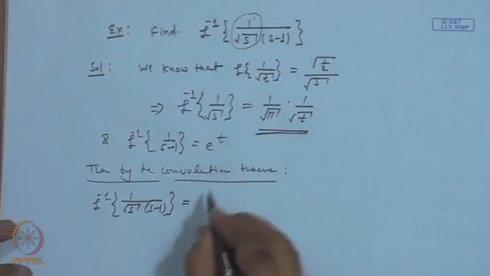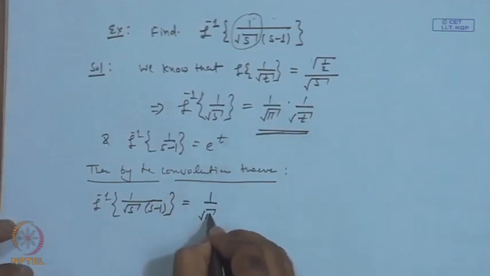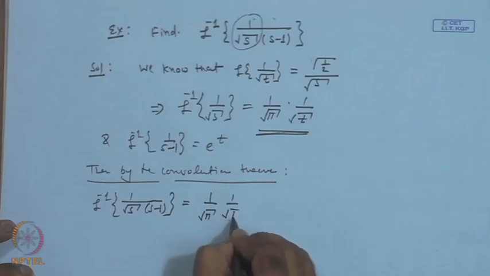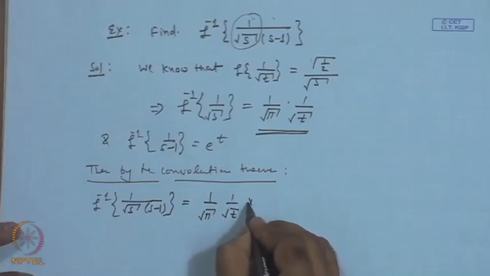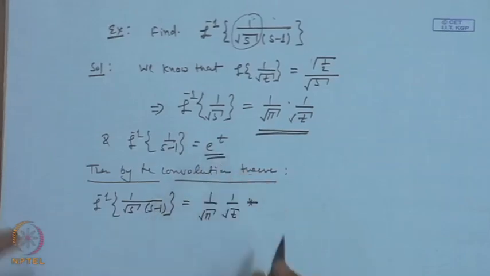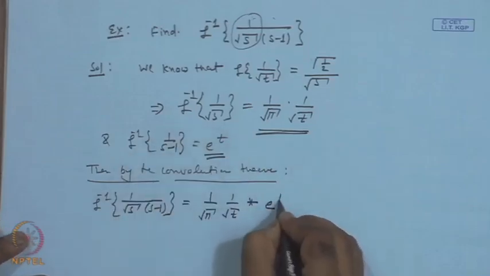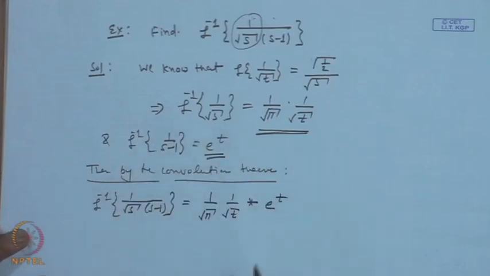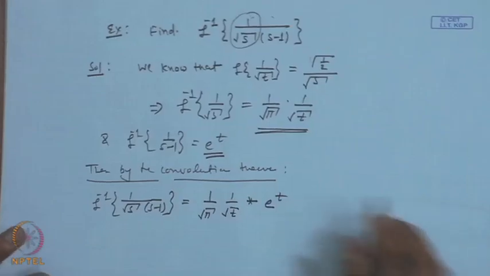So, 1 over square root pi and 1 over square root t, that is one function, and the convolution with the Laplace inverse of the other one. So, that is the simple case we can have.